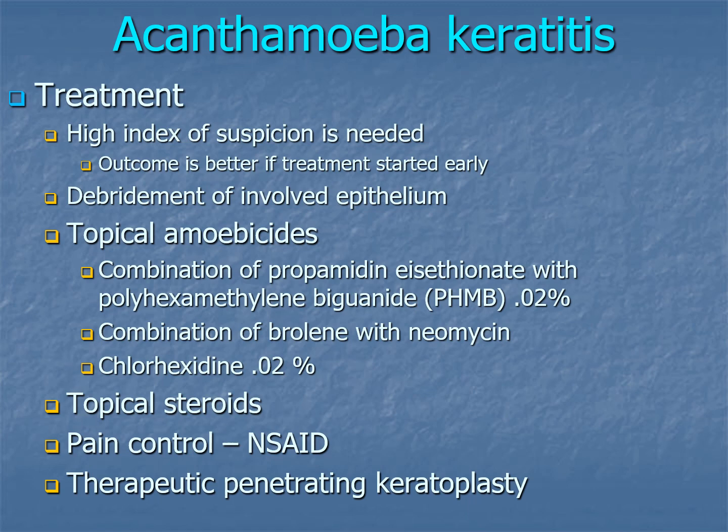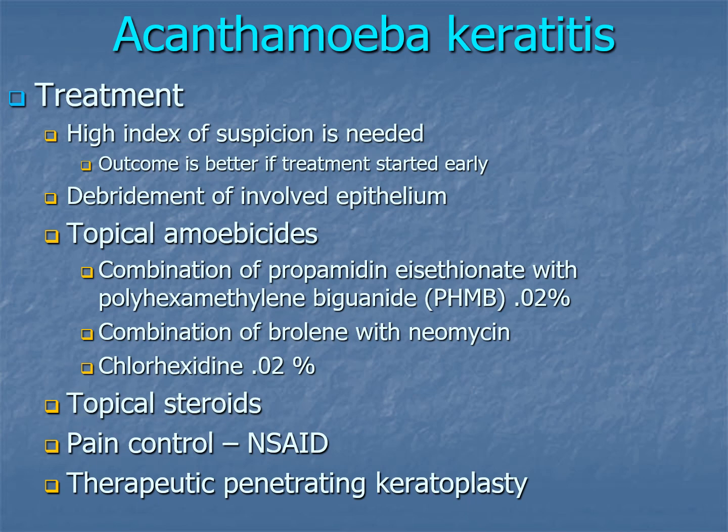A combination of propamidine isethionate with polyhexamethylene biguanide 0.02% is helpful. Similarly, a combination of Brolene with neomycin can be used along with chlorhexidine 0.02%. Topical steroids to curb the inflammation may be judiciously used along with amebicidal topical drugs.